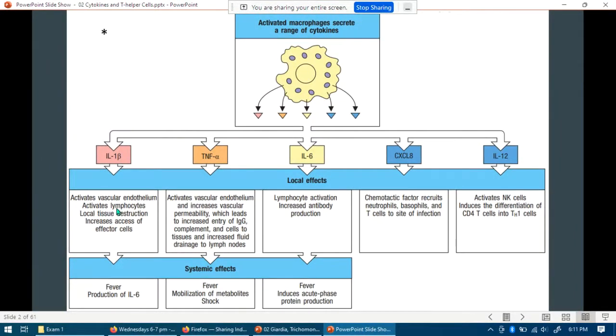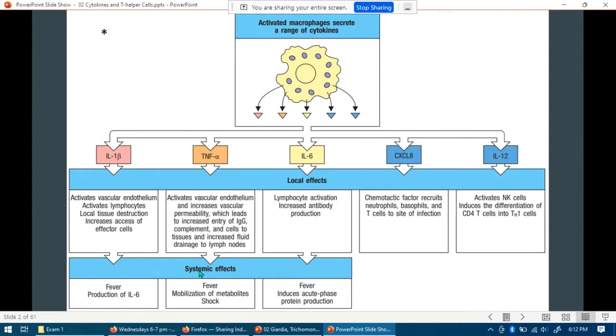It causes local tissue destruction, and part of the reason for that is because during inflammation, the cells that are leaving the blood to get to the tissue have to break down everything that's in their way in order to get to the site of the infection. So they're going to be breaking down things as they make their merry way to the source of the problem. And it increases the access of effector cells, meaning white blood cells from the blood are better able to leave the blood, traverse the endothelium, and enter the tissue.